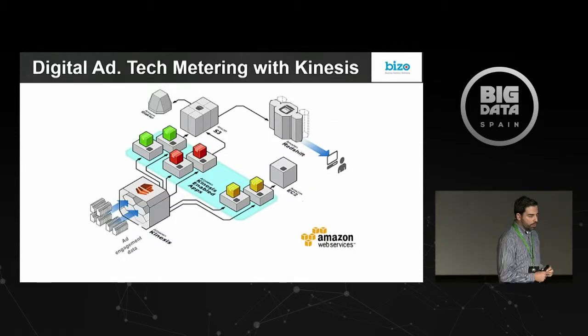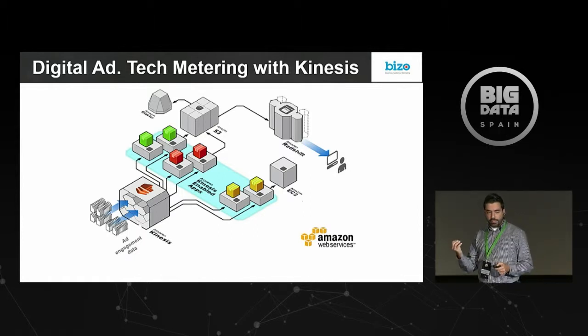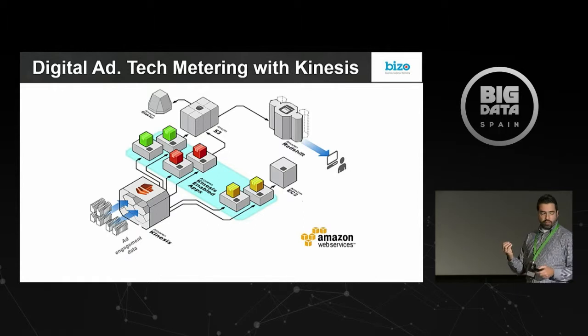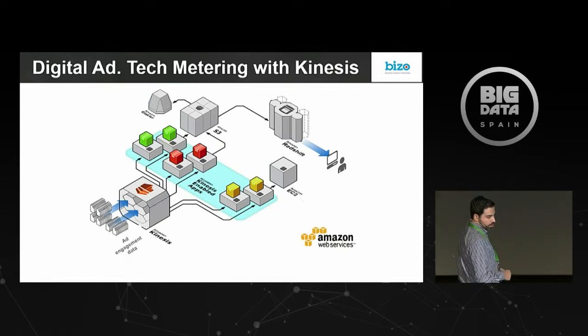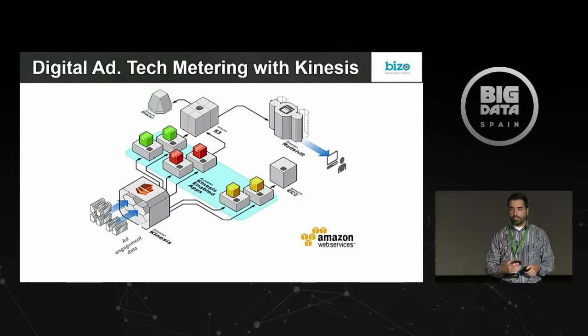This is an example where we have Kinesis recording advertisement data in real time. And we have multiple applications. We have one application that is perhaps incrementally performing analytics on those, storing them on S3, aggregating those.